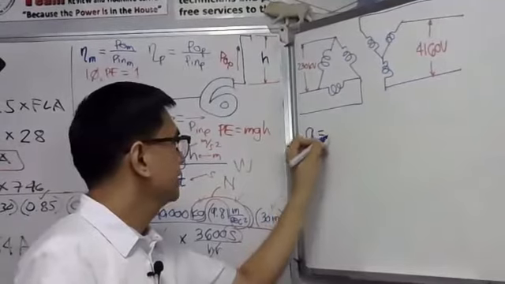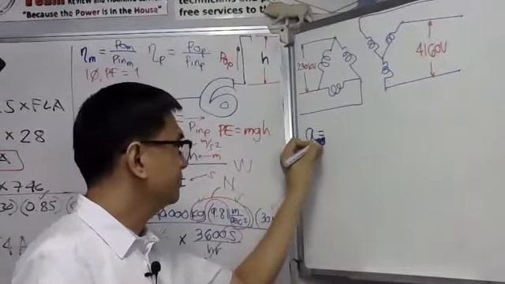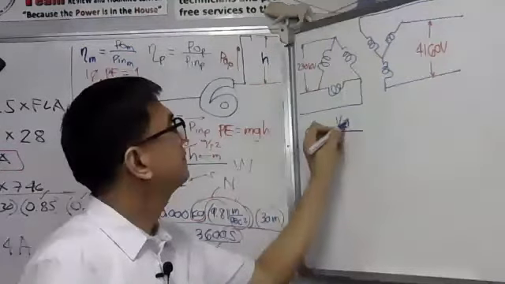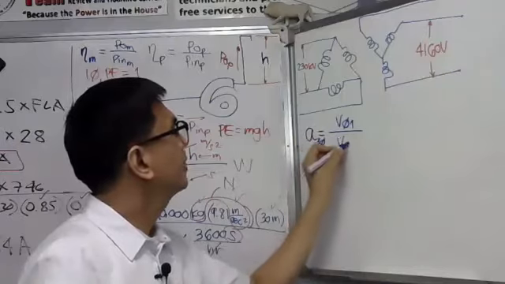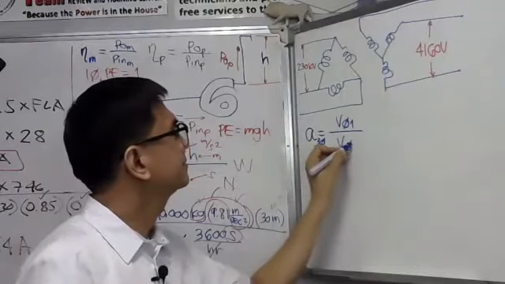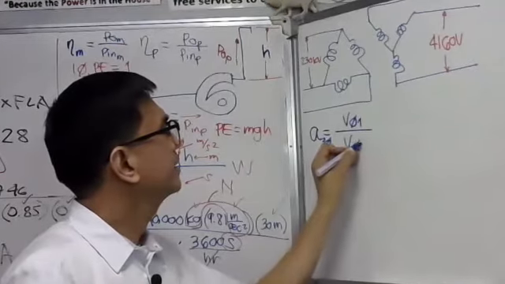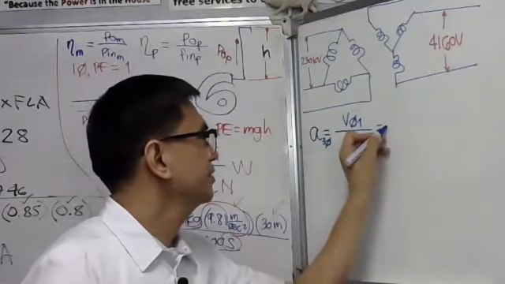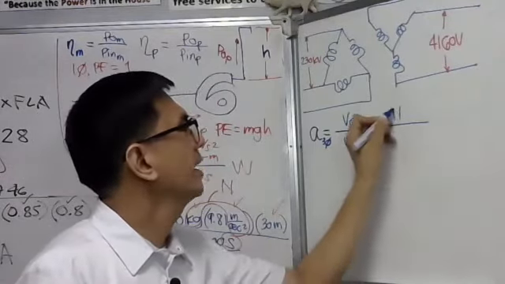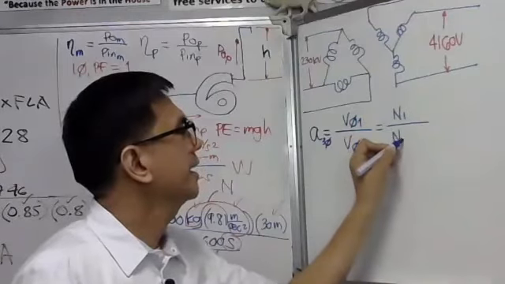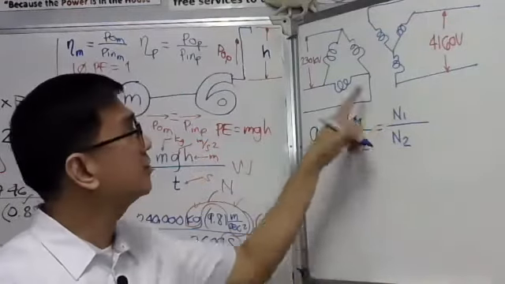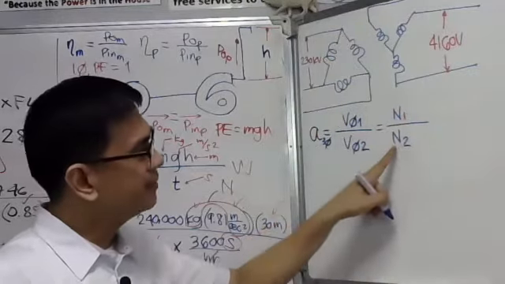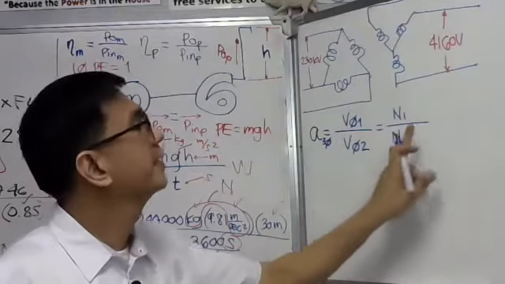Our a, this is for 3-phase. Take note, the transformation ratio for 3-phase is equal to V phase primary over V phase secondary. This is also equal to N1 over N2, the number of turns on the primary divided by the number of turns on the secondary.